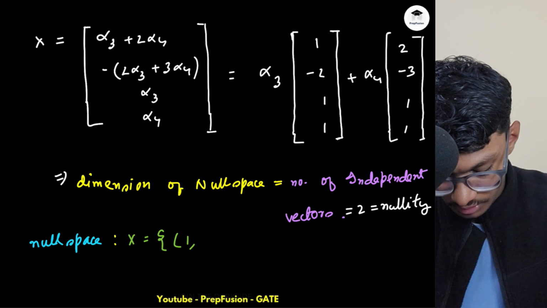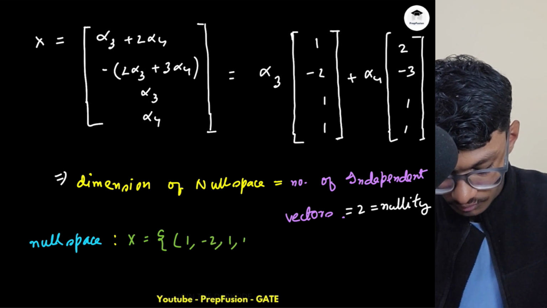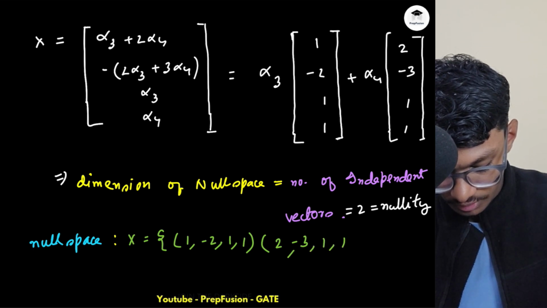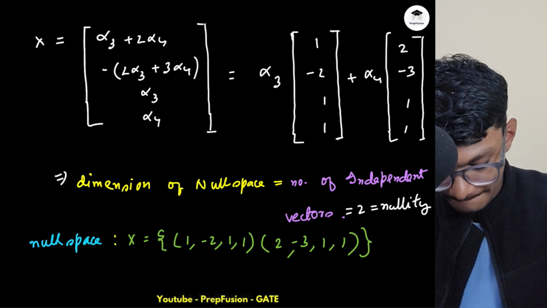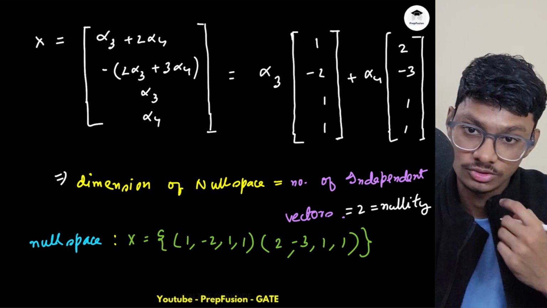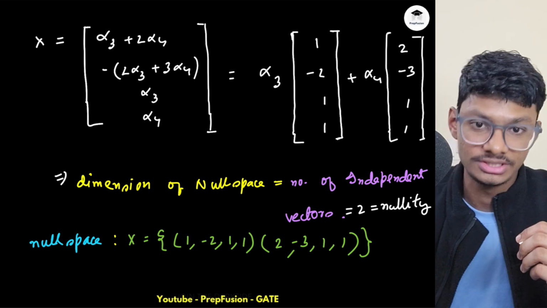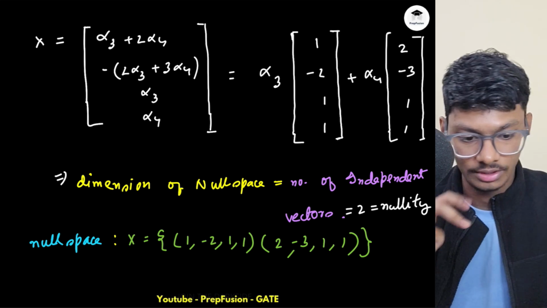Solution was 1 minus 2 1 1, right? And another solution was 2 minus 3 1 1. Okay, so this is my null space. So here I have two independent vectors, and that will be my dimension of null space, 2, right? Dimension of null space.